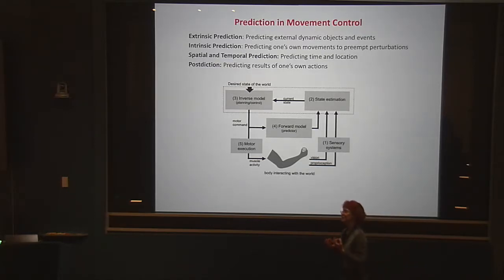That refers to the fact that I not only predict what is coming towards me when interacting with an object, but also what this object will do after my interaction with it. If I bounce a ball, not only do I need to intercept, but there is a target. I will have to predict how the ball will behave after my interaction. We refer to it as post-diction.